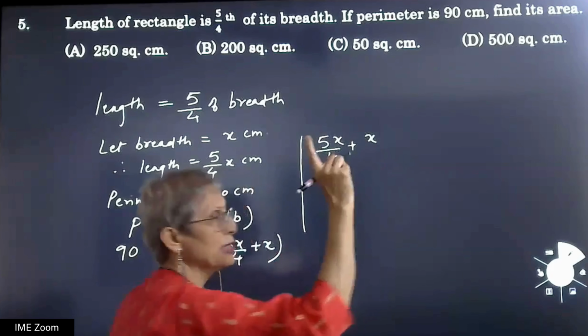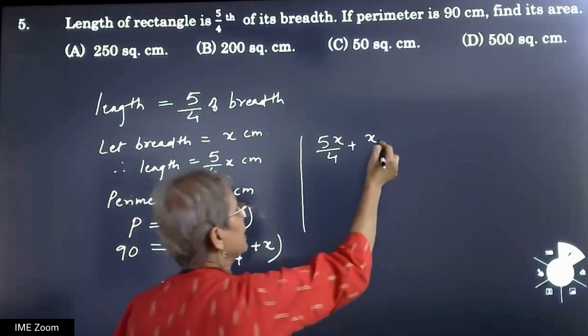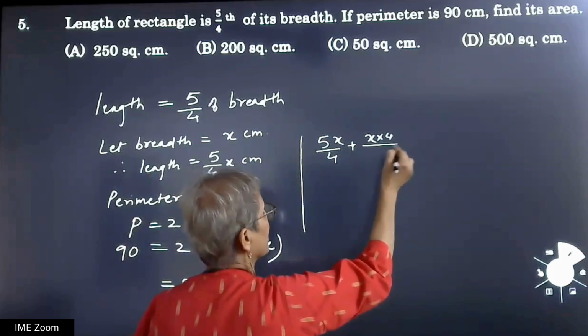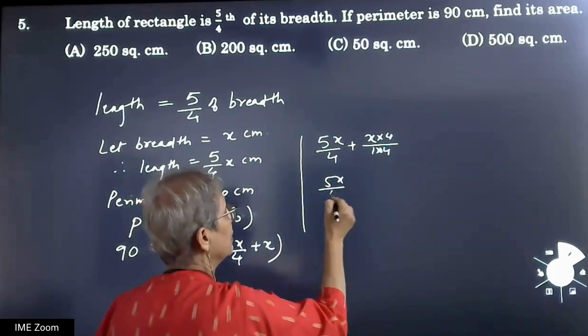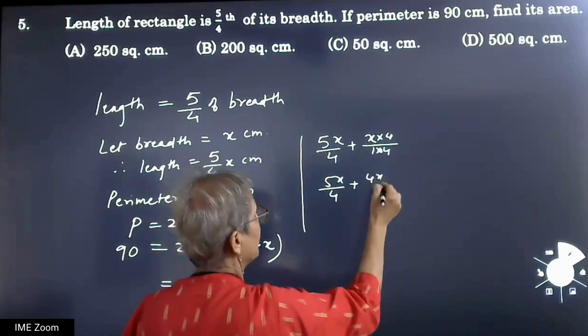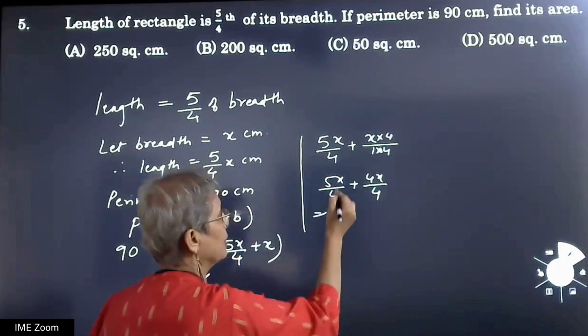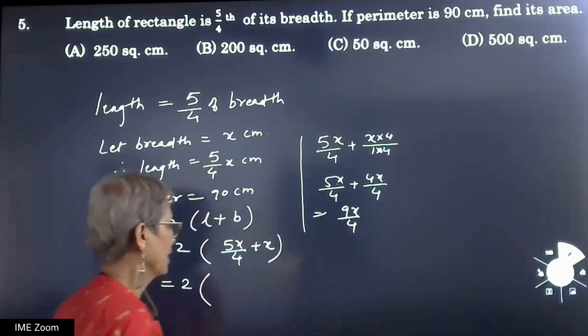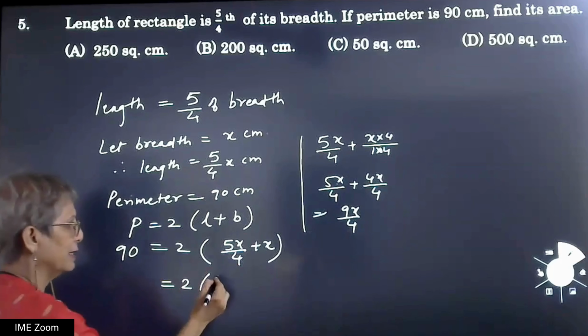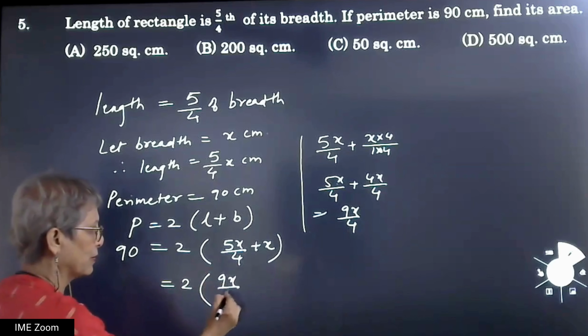Now only x means only 1 is there. So let us multiply both by 4. And therefore it is 5x upon 4 plus 4x upon 4. And this is nothing but 5x plus 4x, 9x upon 4. Okay. So let us write here 9x upon 4.